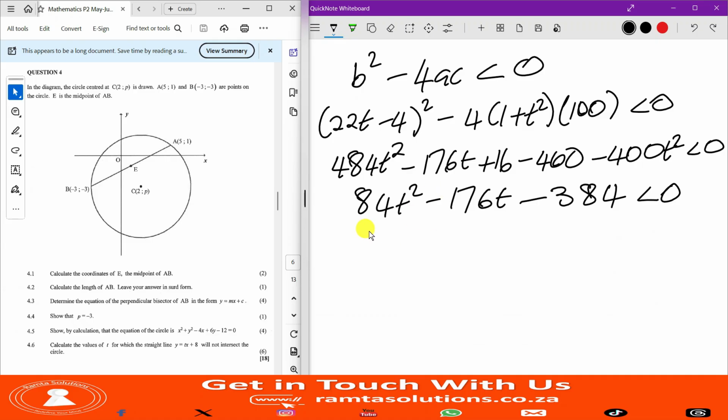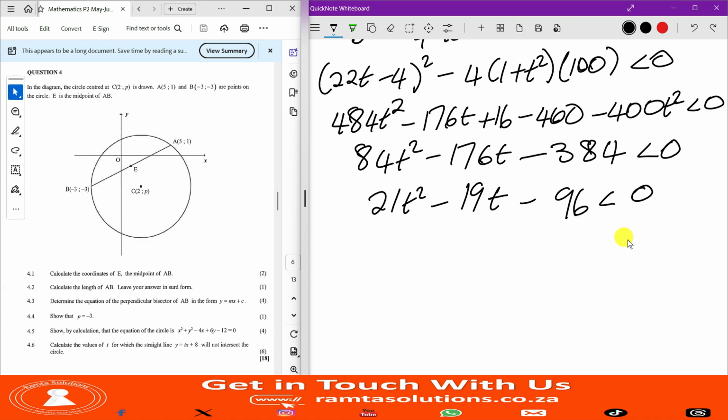So I will have 21t squared minus 44t, minus 96. You guys have calculators, so use the quadratic formula, or if your calculator has a solve or equation function, you can use it.